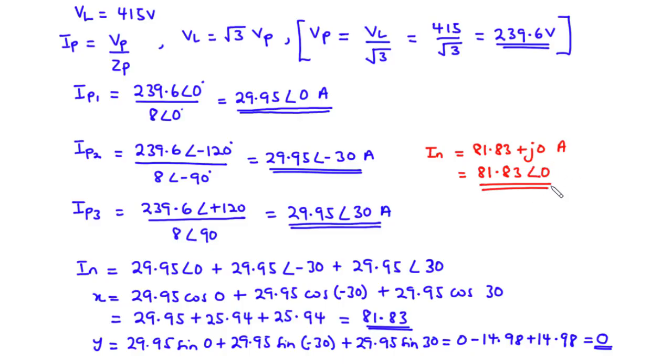So this is the value of current flowing through the neutral line. Mind you, the negative only indicates the direction of the current. So we have In to be equal to 81.83 polar 0 degrees. Now let's move on to the next example.